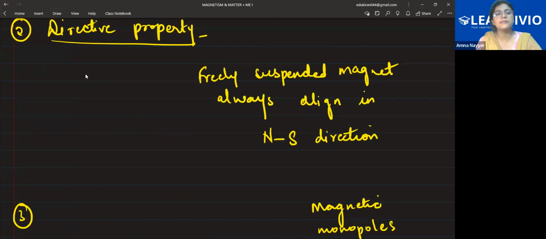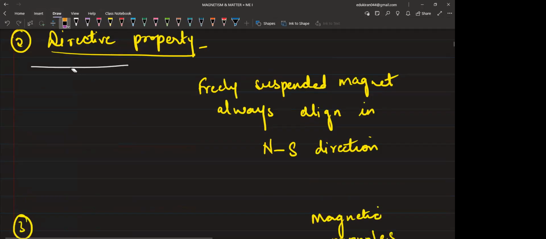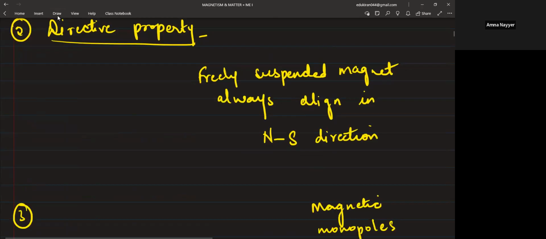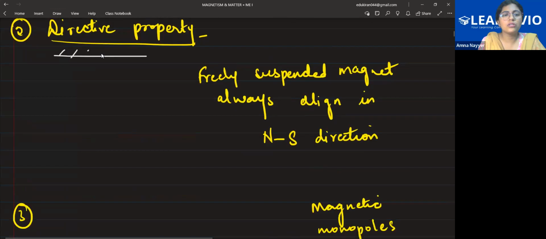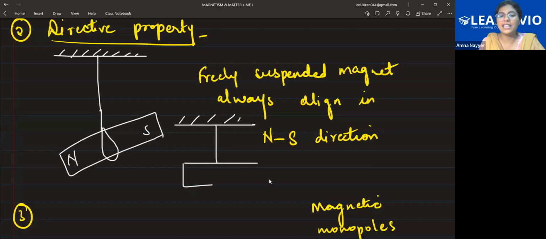Directive property means that if a bar magnet is freely suspended, after a while you will notice that automatically it has aligned itself in the north-south direction. So that is the directive property.